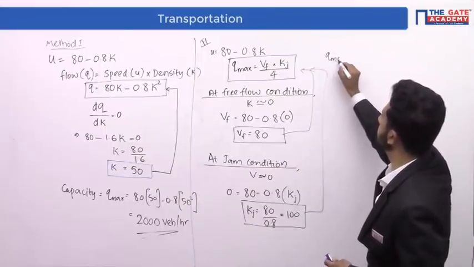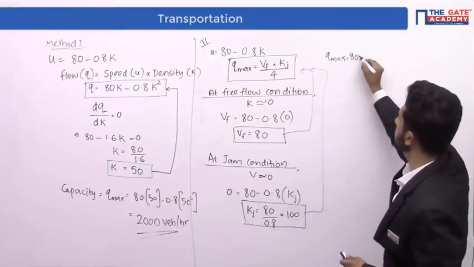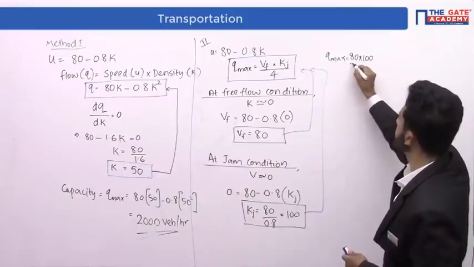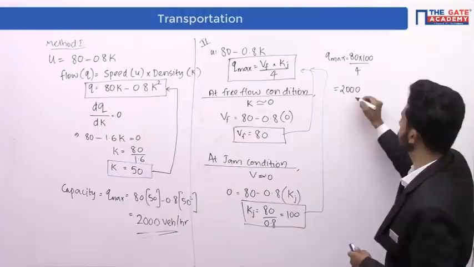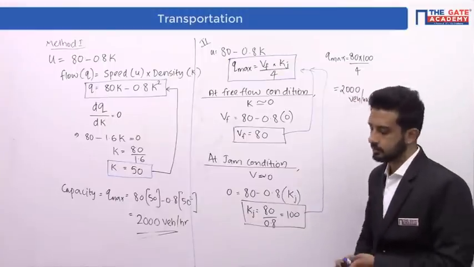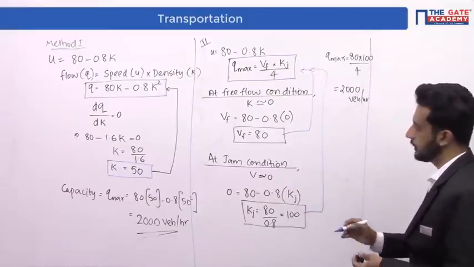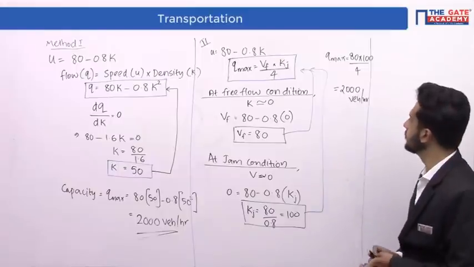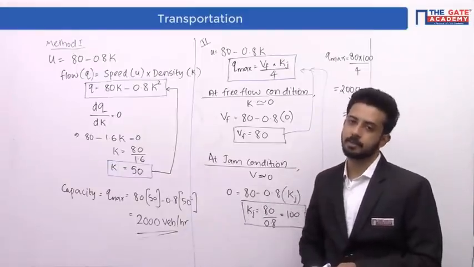Qmax is equal to, what is Vf? 80 into 100 divided by 4. I will get 2000 vehicles per hour. Correct? So this is the second method of doing the question. Okay? So we are getting the exact answer, 2000 vehicles per hour.